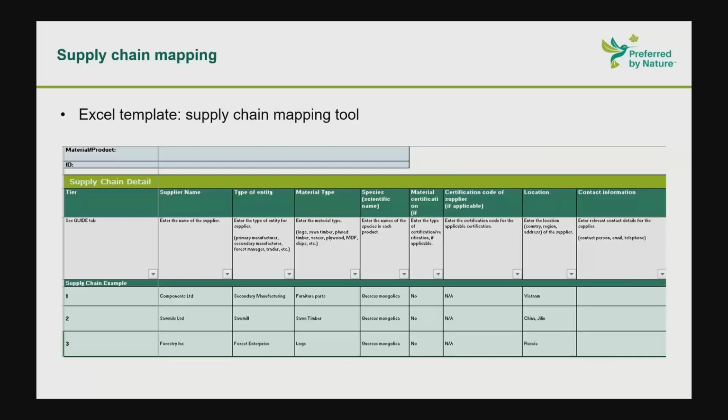Use also pen and paper. Basically anything that is, when you have a clear picture and idea about supply chains, you can use, right? We have an Excel template, we'll mention this a bit later. We have an Excel template that is free and open and that you can use and adjust to your own company. But basically, there's a lot of different possibility to start doing supply chain mapping.